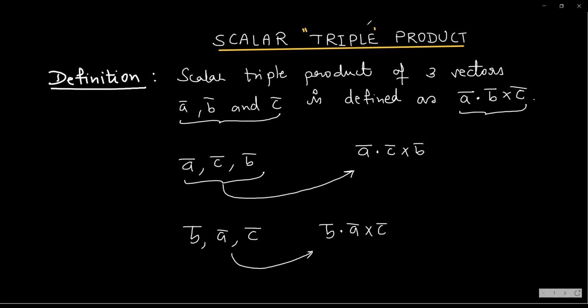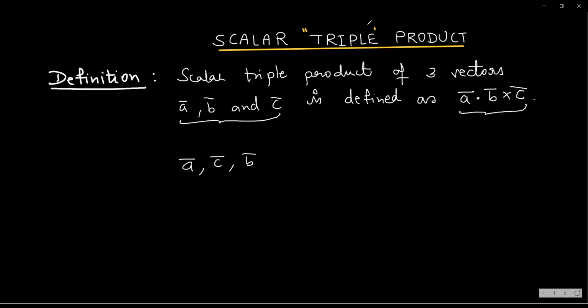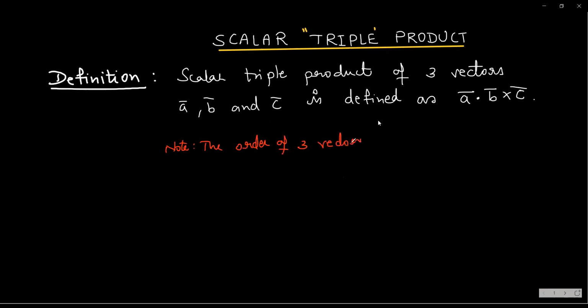Okay, fine. So this is one thing which one has to note in the definition, that the order of these three vectors is important. So you may write here, note: the order of three vectors is important.